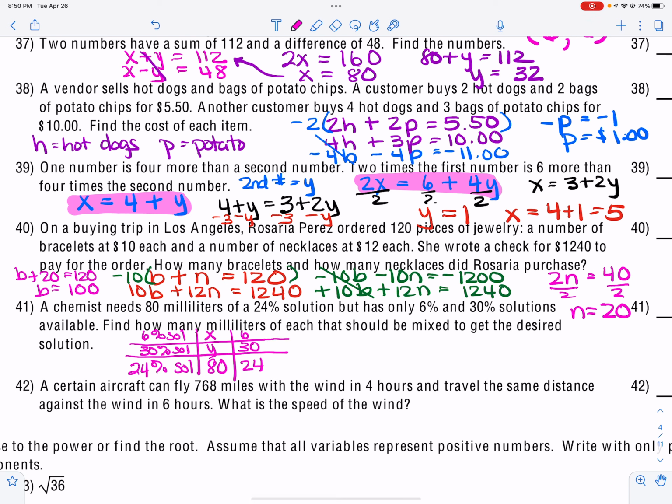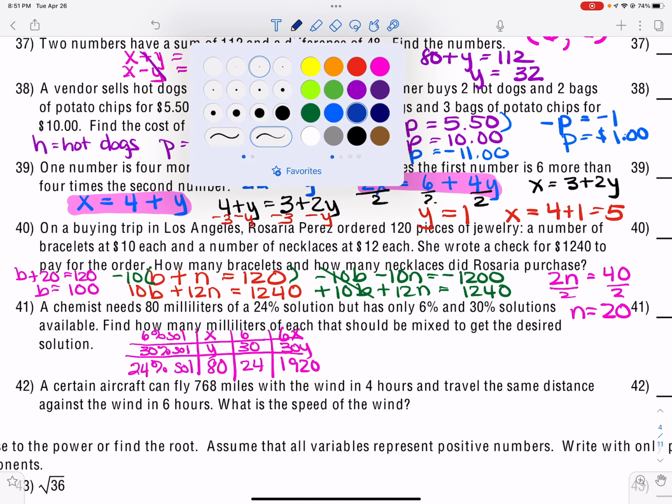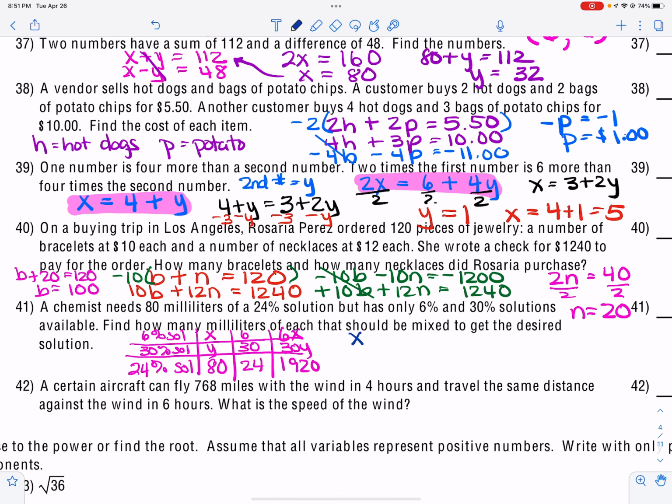And then the last column, I'm going to have to multiply. So this becomes 6x, this becomes 30y, and 80 times 24 becomes 1920. So my two equations are x plus y is equal to 80, and then 6x plus 30y is equal to 1920.